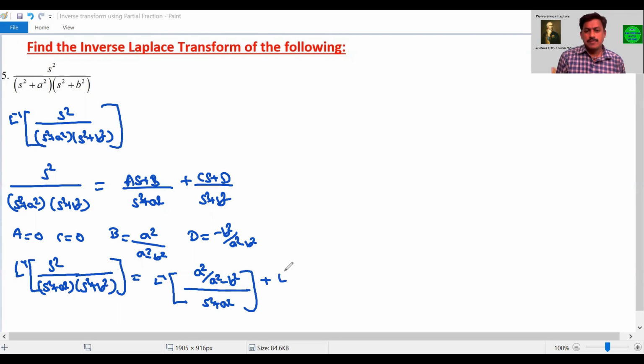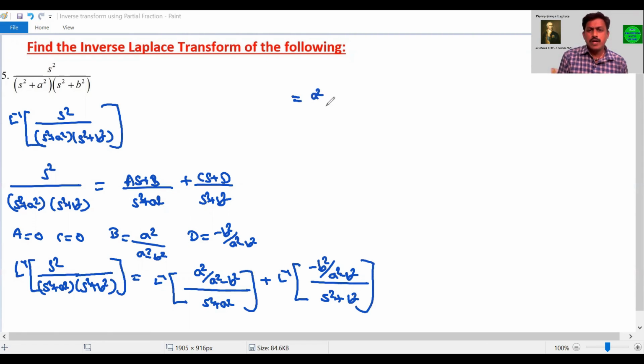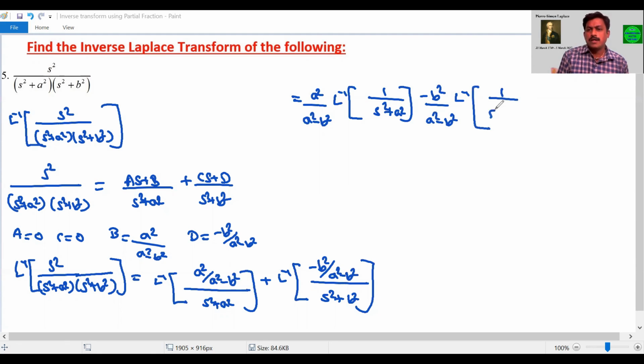And here the c value is 0, so for d I can substitute minus b square divided by a square minus b square, divided by s square plus b square. So taking the constant out, that is a square divided by a square minus b square, I can write L inverse of 1 divided by s square plus a square. Similarly here, minus b square divided by a square minus b square, L inverse of 1 divided by s square plus b square.